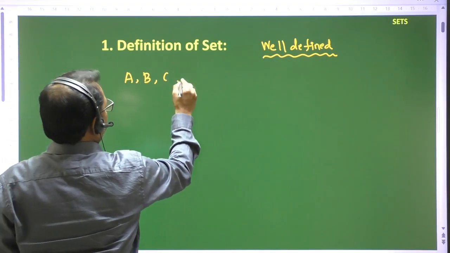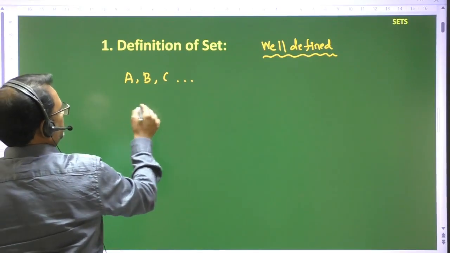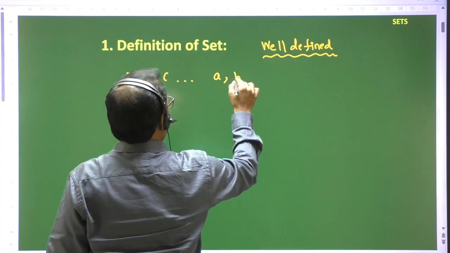For example, generally sets are denoted by the capital letters A, B, C, and their members, or elements, are denoted by small letters, suppose a, b, c.